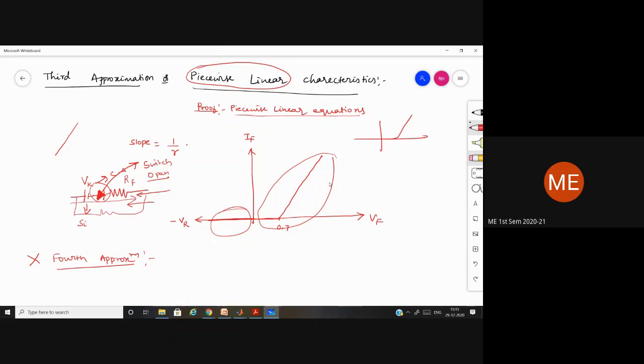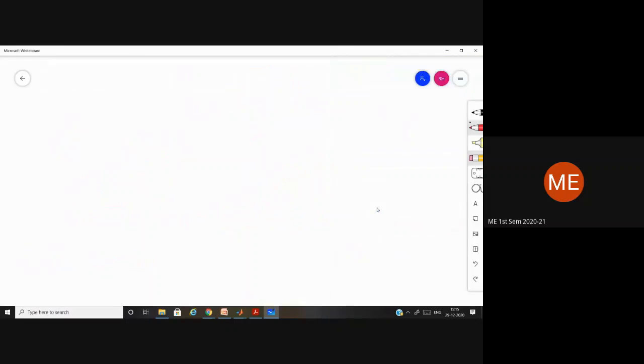So in the third approximation, since there was a linear slope, we introduced a forward resistance RF along with the battery and ideal diode. This gave almost the same curve which was matching with our practical curve. So this is the third piecewise linear approximation.